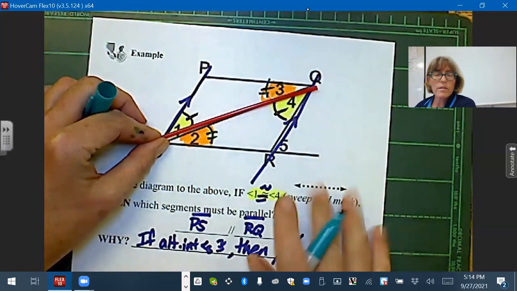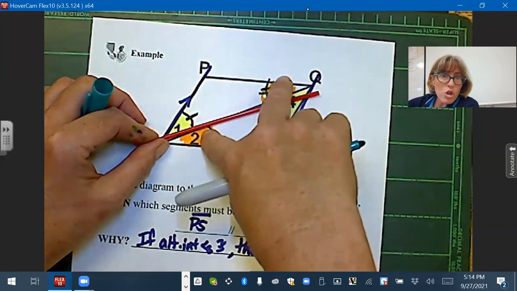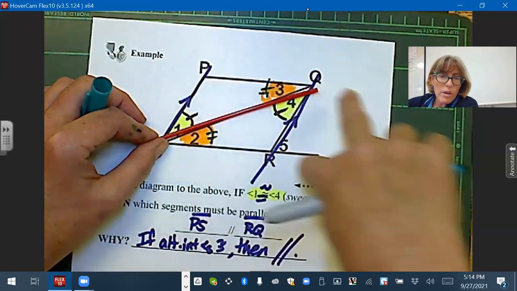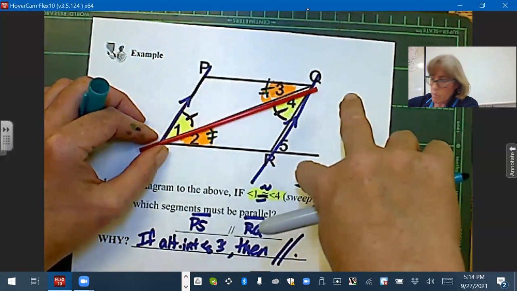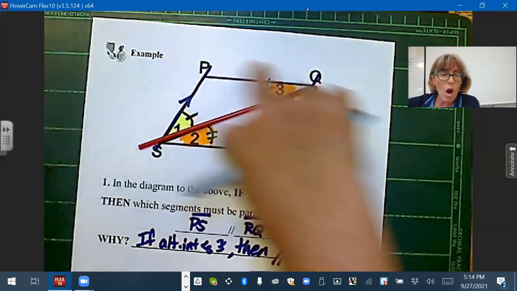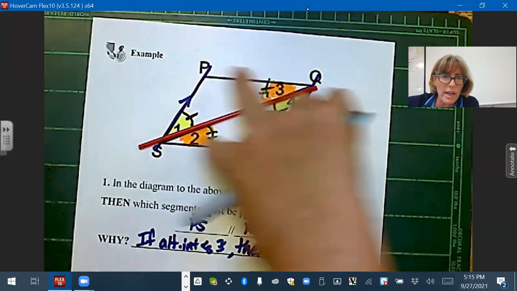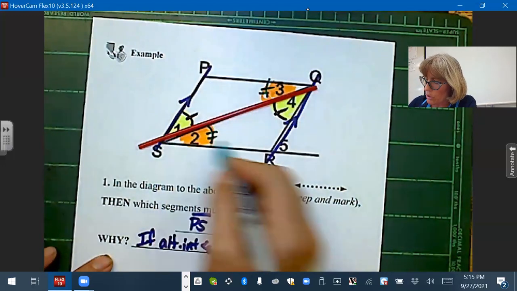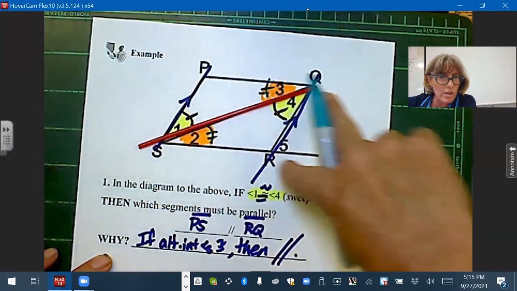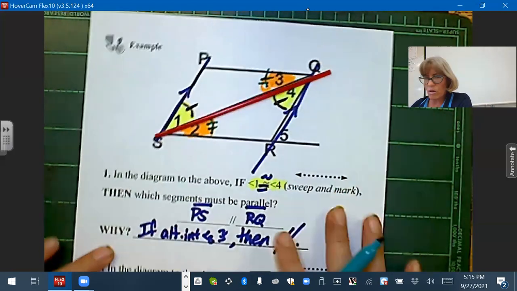It's our second set. Put your fingers right here. If 2 and 3 are congruent, look at my fingers, then it is PQ and RS that are now parallel. Why? Because that's what 2 and 3 are connected to, and they are alternate interior angles, but it's going the opposite direction. So if these 2 angles are congruent, these 2 lines are parallel.